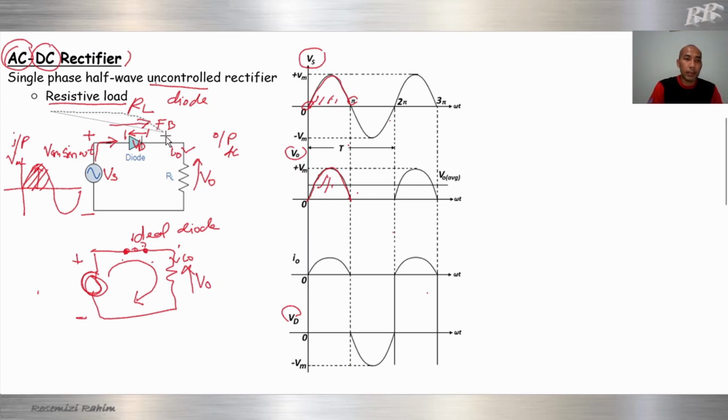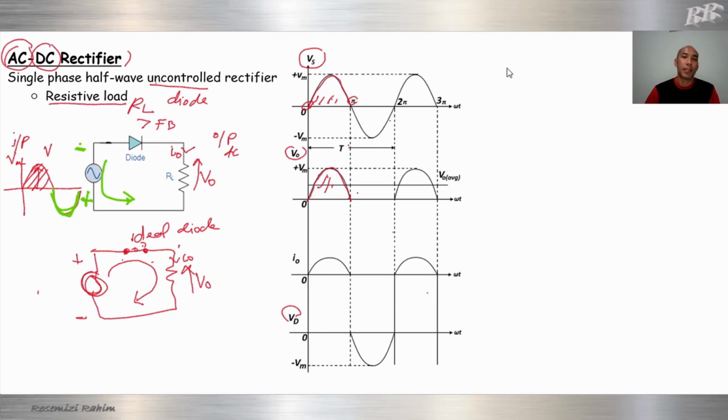The next is during the negative cycle. What happened? Let's say we use green color. During the negative cycle, the input is negative. A negative waveform means it will be like this, negative here, positive here, and current will flow in this direction.